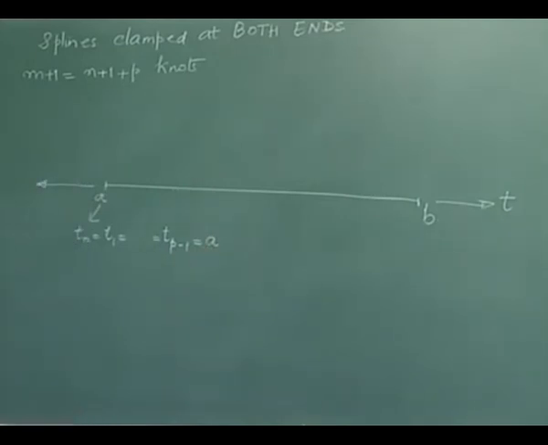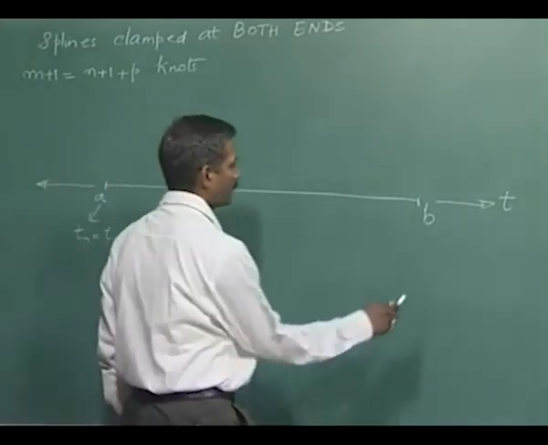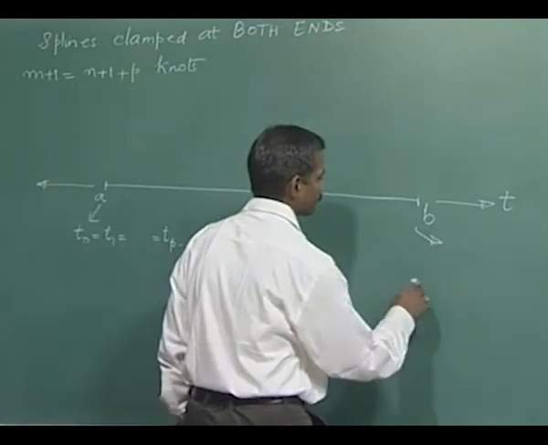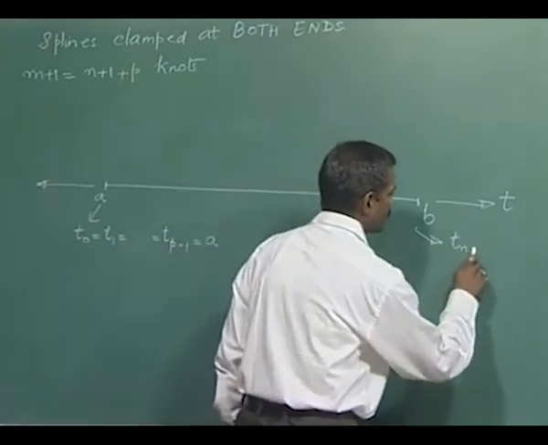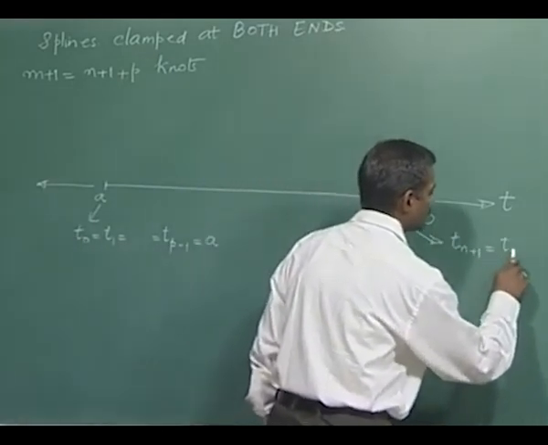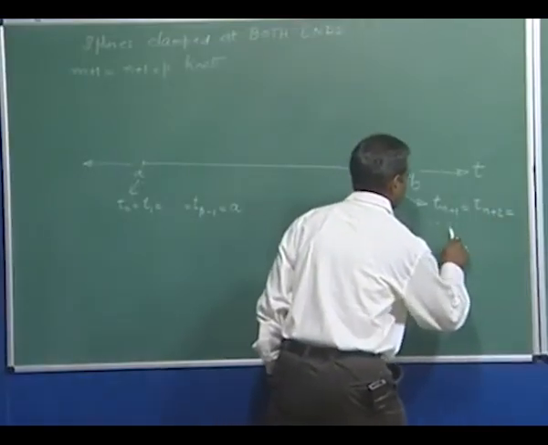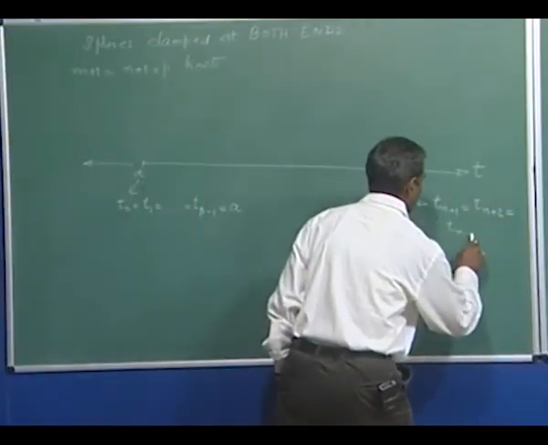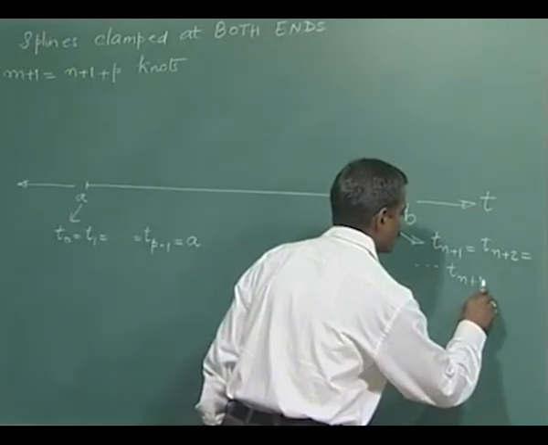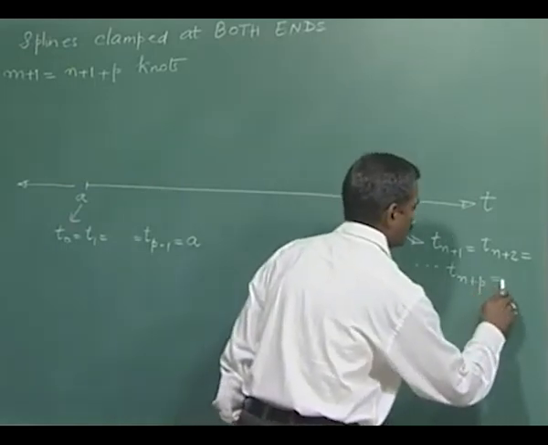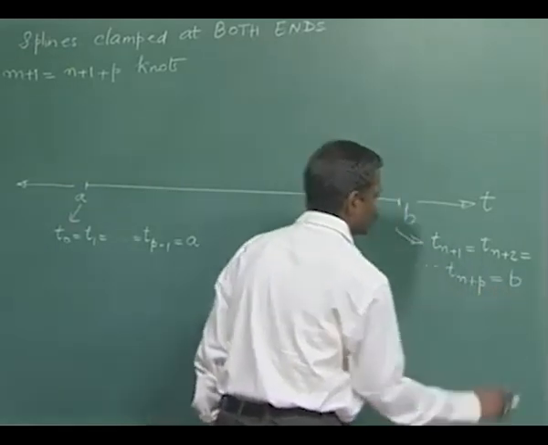They are all equal to the value A, and Tn plus 1 equals Tn plus 2 equals up till Tn plus p. They are all equal to the value B.